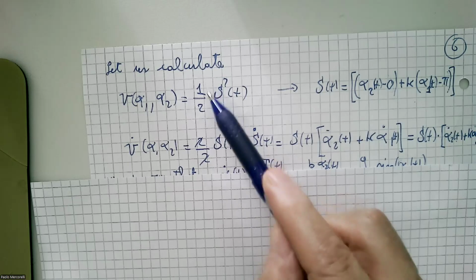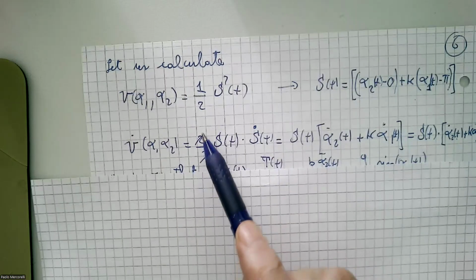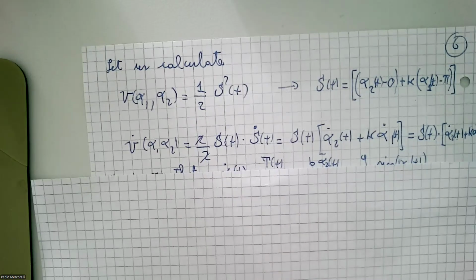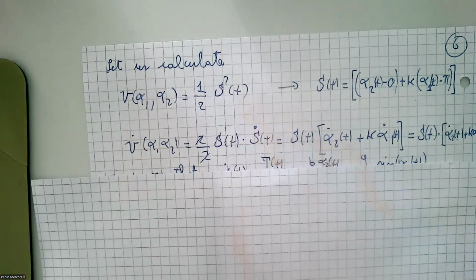But the derivative means 2 divided by 2, so we can forget this divided by 2. In some books, they don't put 1 divided by 2.